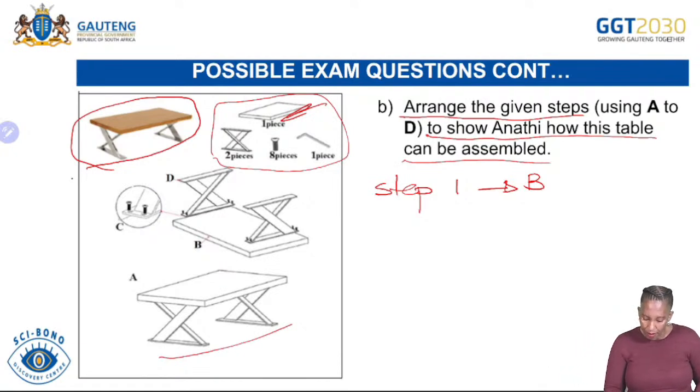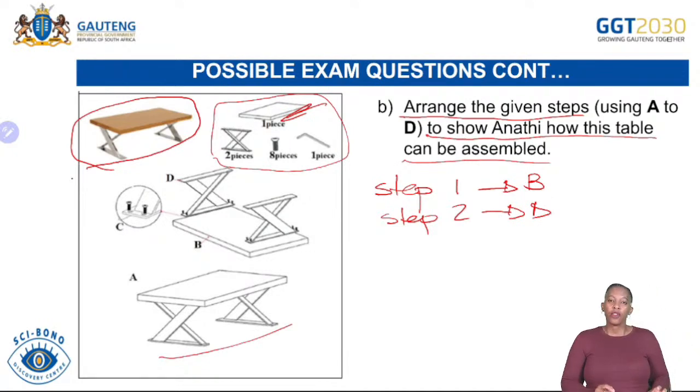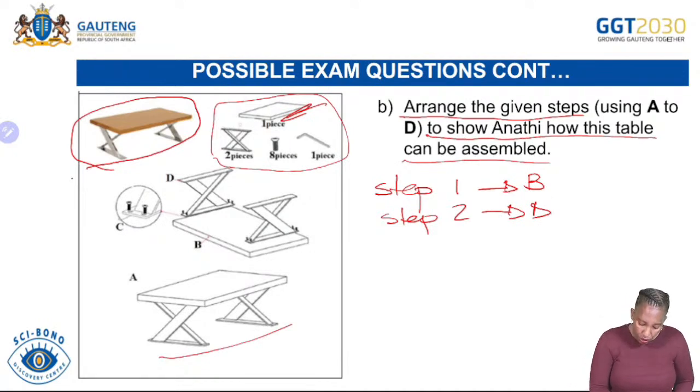Now we have step number 1 as number B, and then you go to step number D. If you can just allow me to say step number 2, which will be D. Why am I saying D? In D, you have to put these 2 pieces of the legs. Now you have to put them here, the legs of the table, here they are.